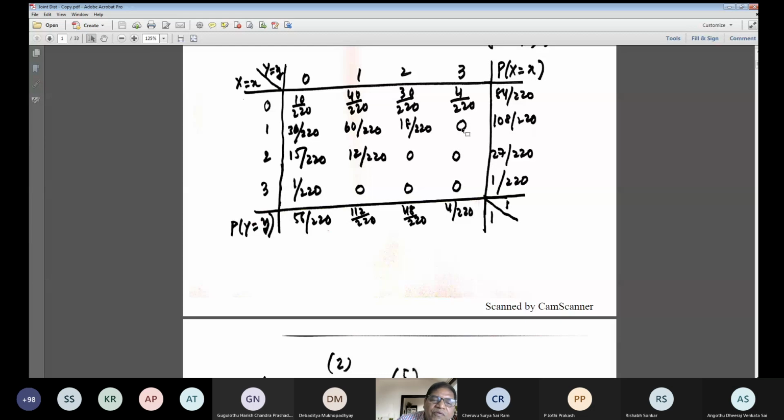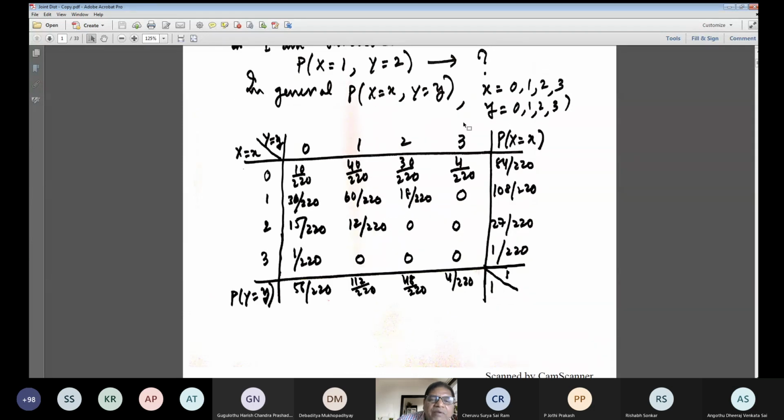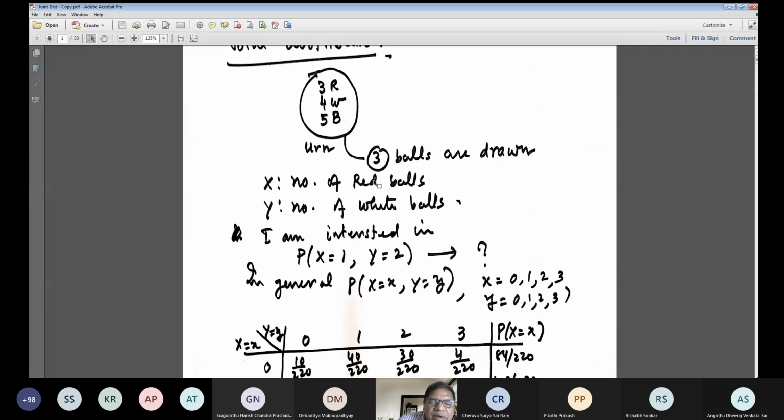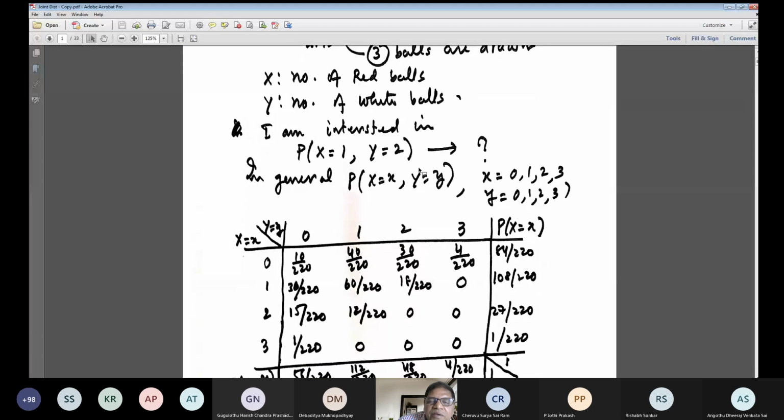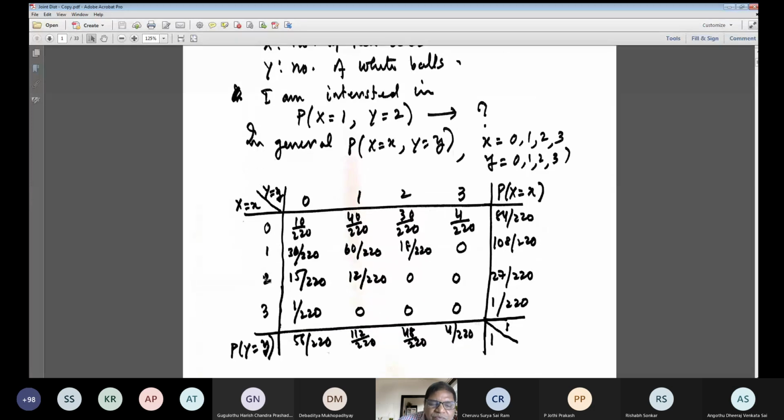1, 3 means 1 red ball and 3 white balls, which is not possible, because the total number of balls drawn is only 3. So here this probability will be 0.